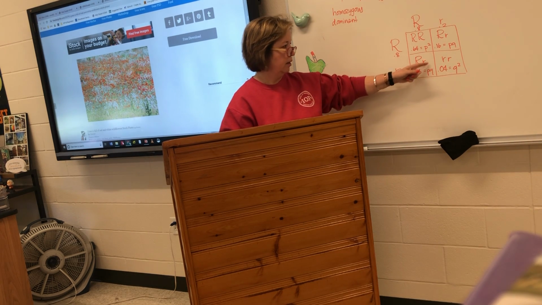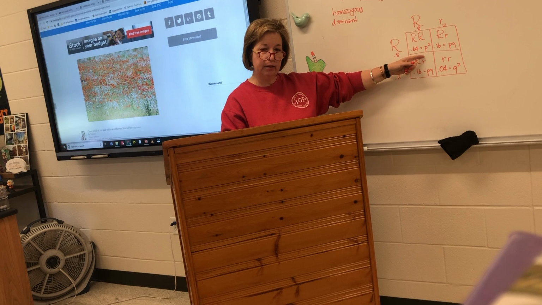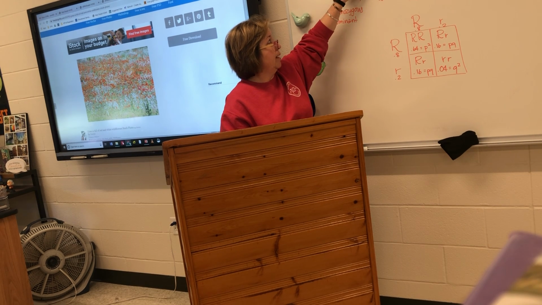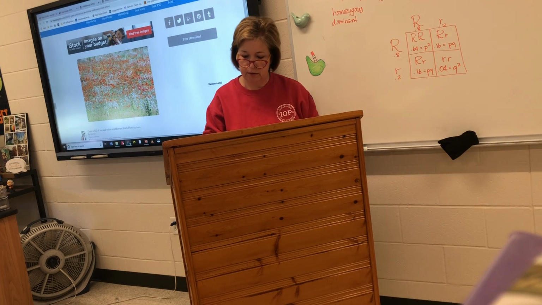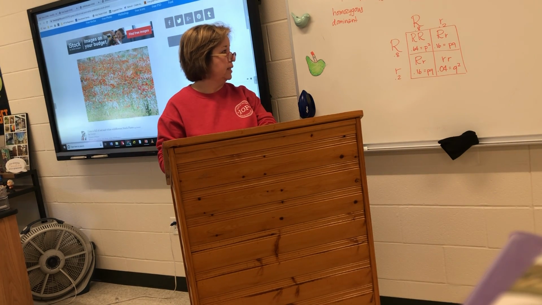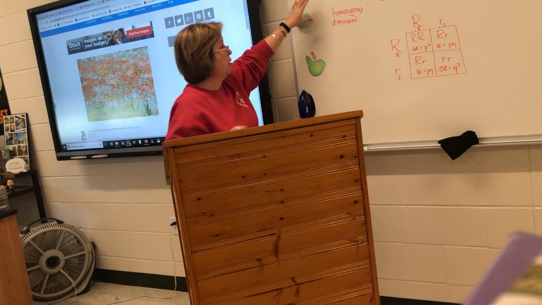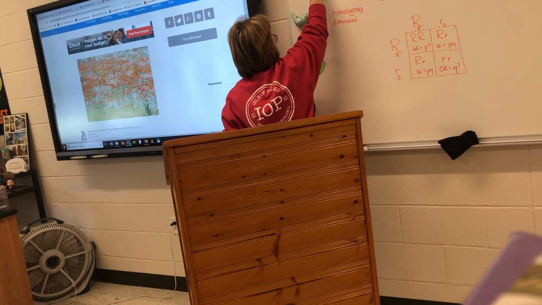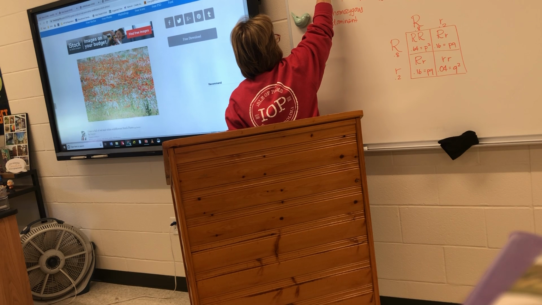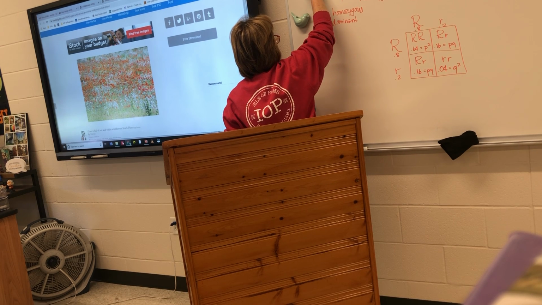But there are two heterozygotes produced. So that's why we have a number 2 in front of it. Okay, so what's this telling us? These are population or genotype frequencies.